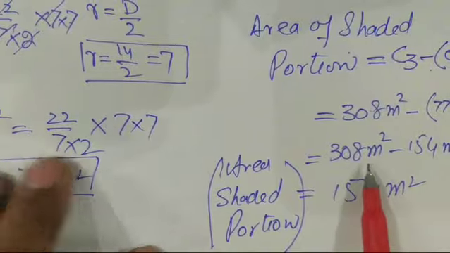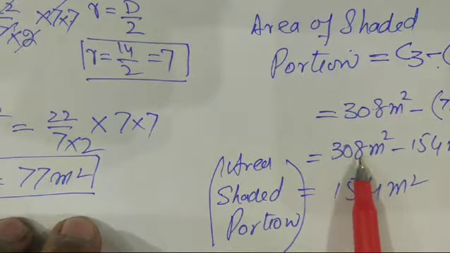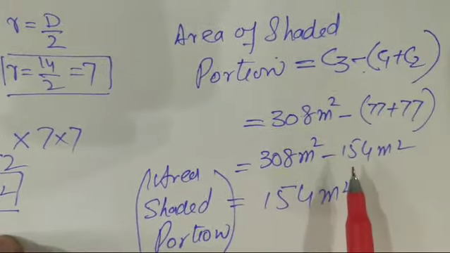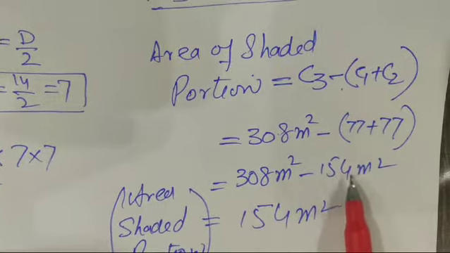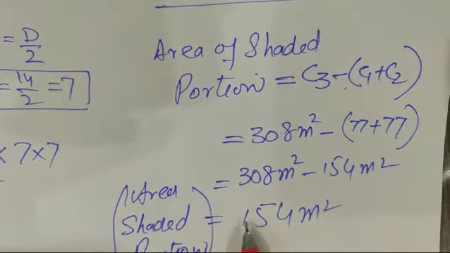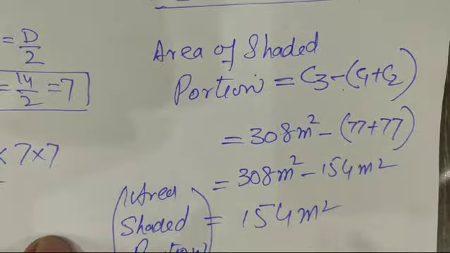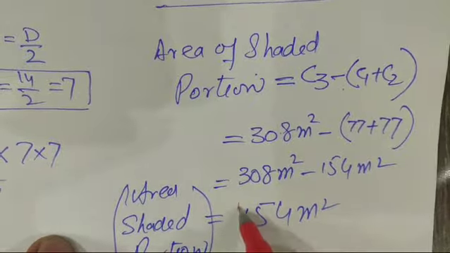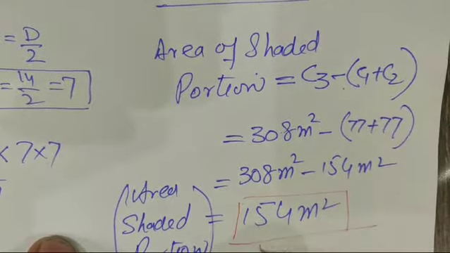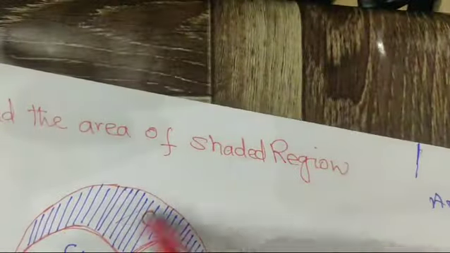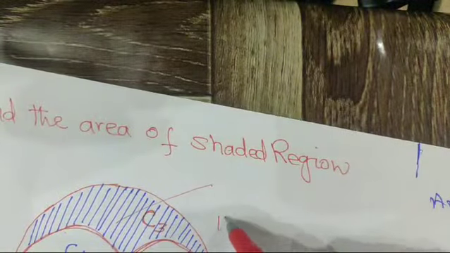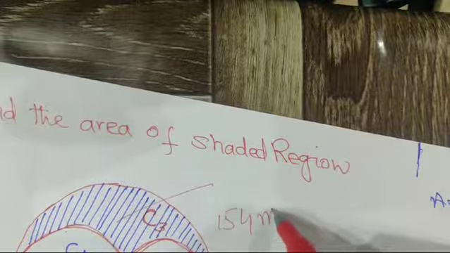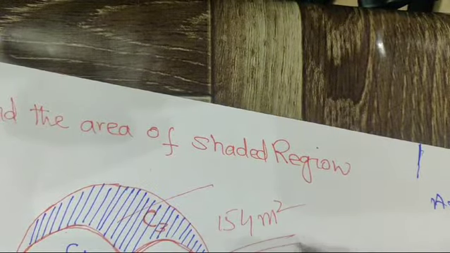So after calculation, 308 meter square minus 154 meter square becomes 154 meter square. This is the area of the shaded region, 154 meter square.